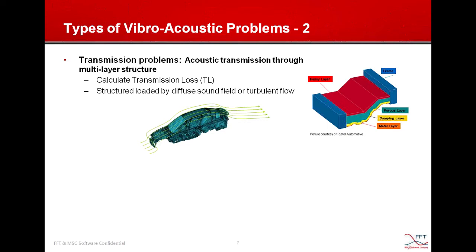And then we look at the transmitted power on the other side of the multi-layer or single-layer structure. The ratio between the incident power applied by the random load and the transmitted power on the other side of the structure is called the transmission loss. And transmission loss is the main indicator of the transmission problems.